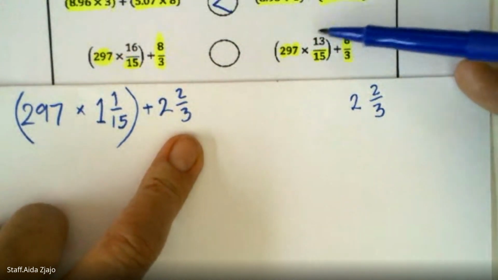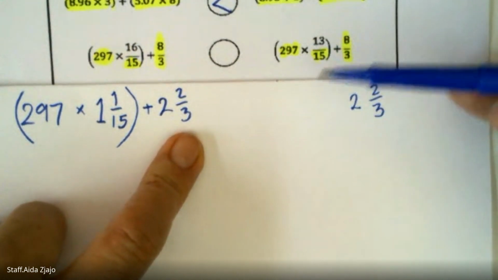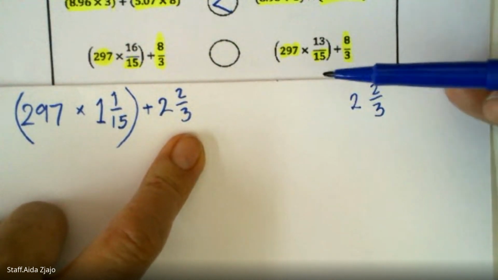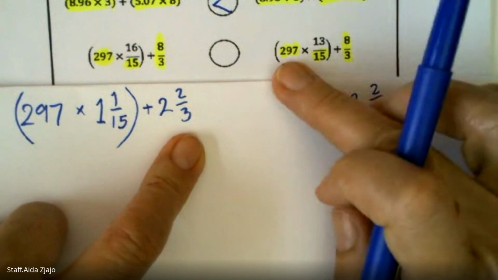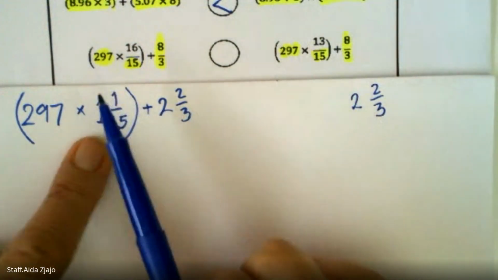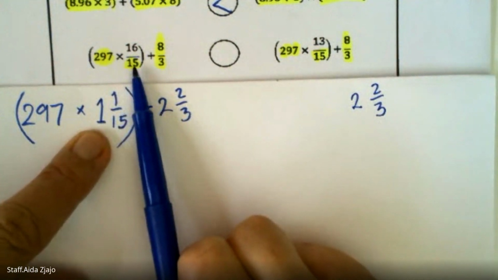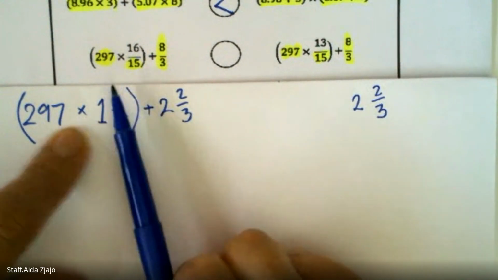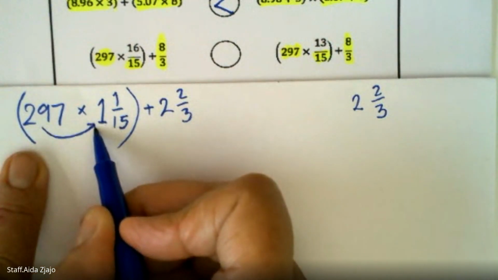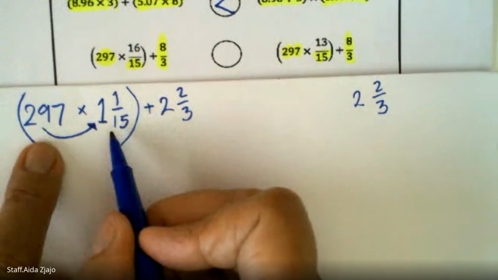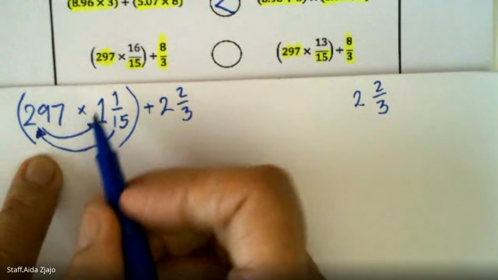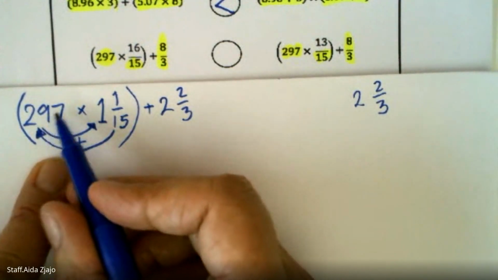When you multiply by less than 1, your product is resized to be less. And when you multiply by a number that is greater than the whole, you have the whole number, because 297 times 1, and then also you have 1/15 of 297.